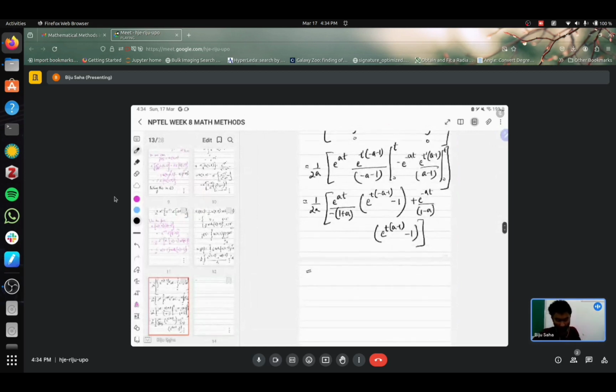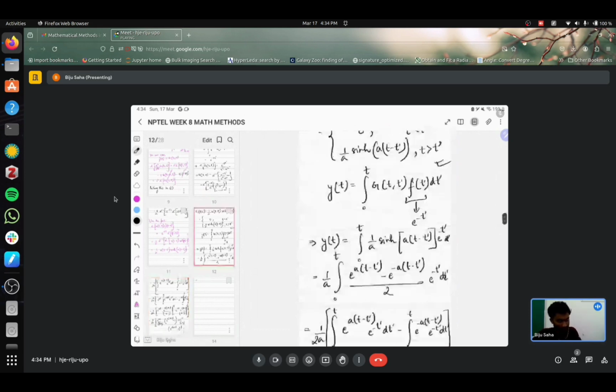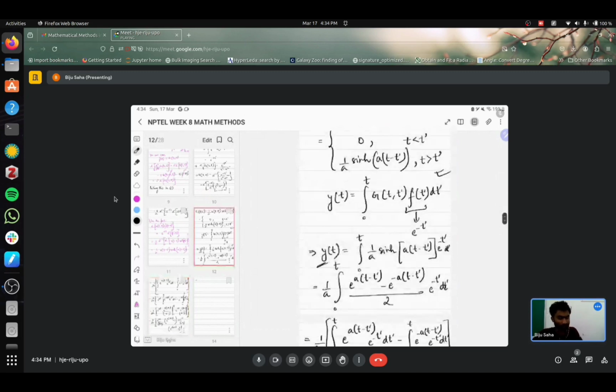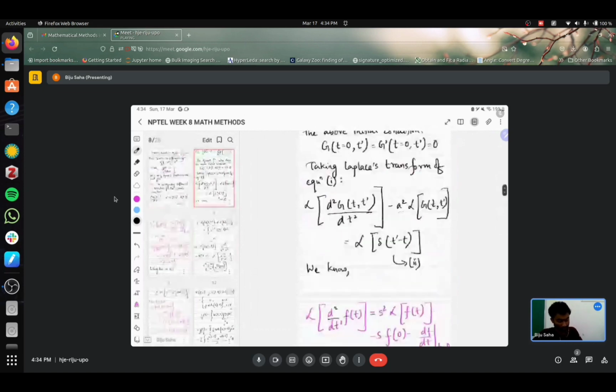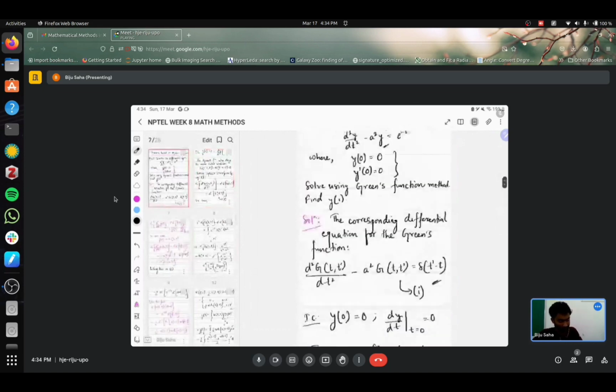Likewise we can calculate, simplify further. Once we simplify further, what we obtain is a solution looking like this. So this is my y(t), that is my original solution that I wanted to derive. Now actually I have to find out what is y(1).